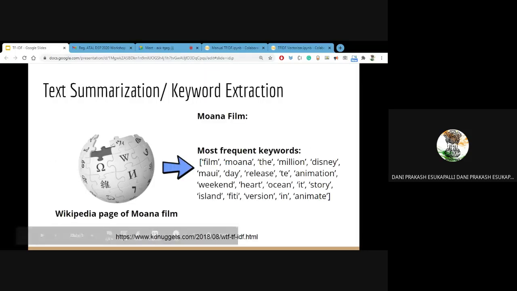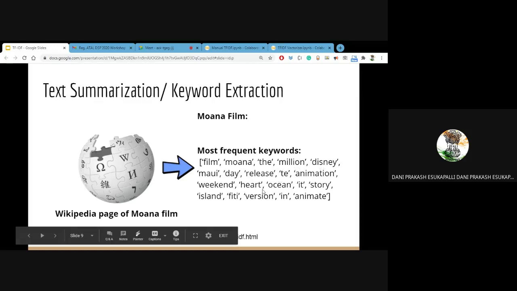Another application of TF-IDF is text summarization or keyword extraction. If you take the Wikipedia page of the film Moana, the most frequent words are film, Moana, million, Disney.